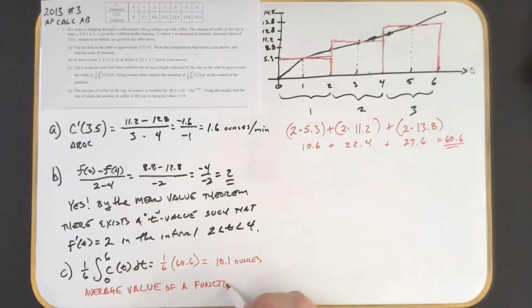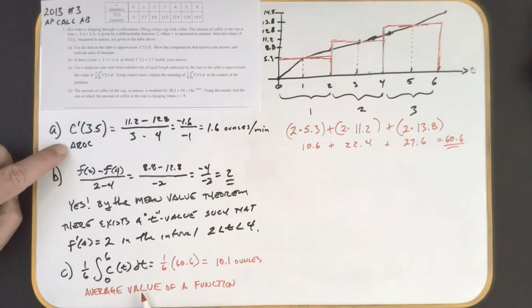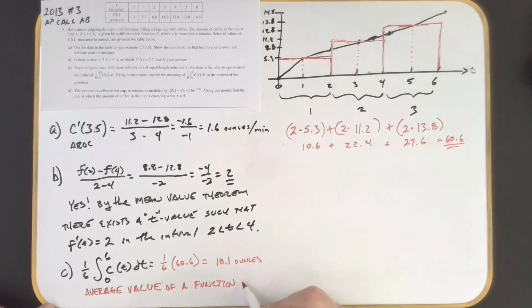And what they like to do, and again, you start noticing patterns, this part of the question, they're asking me about average value, and up here they were asking about average rate of change. They like to do that in the same question to see if you know your stuff. So if you recall, average value of a function is always equal to 1 over b minus a times the integral of a to b of whatever that function happens to be.